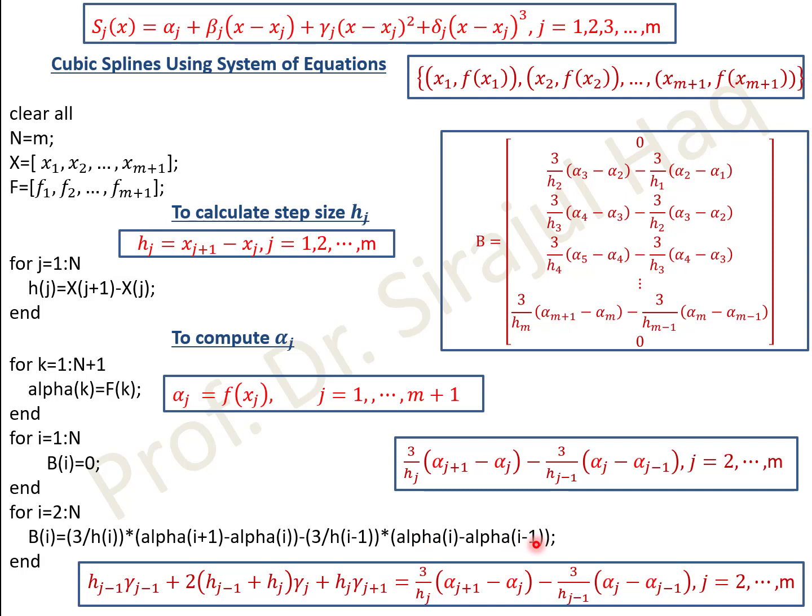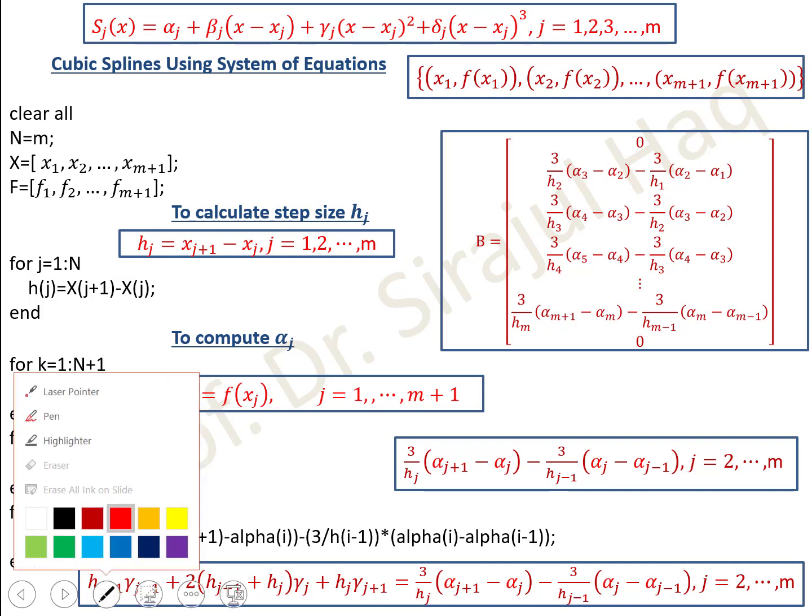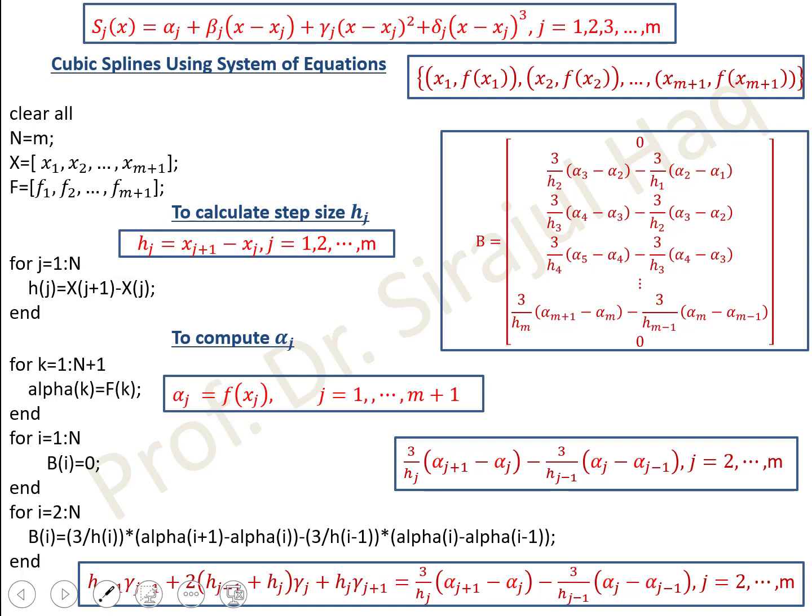And similarly, when you take i equal to 3 from here, this will give you B3 equal to 3 divided by h3, which you can see over there, multiplied by alpha 4 minus alpha 3, minus 3 divided by h2 multiplied by alpha 3 minus alpha 2.